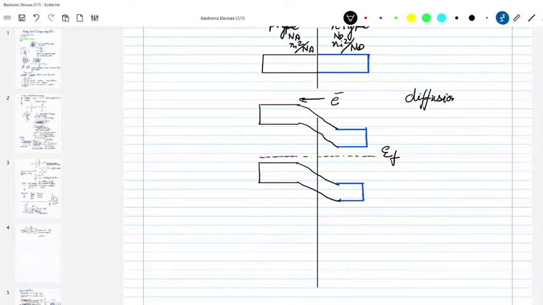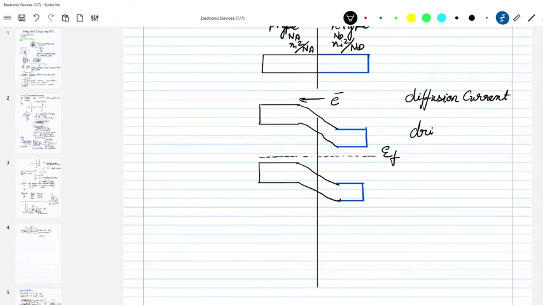Diffusion, D-I-F-F-U-S-I-O-N, current. Okay, so you understand diffusion current is due to energy imbalance, why they are moving. It is unlike the drift current. Drift current is because of the field. Okay, so you should understand the difference between the two.